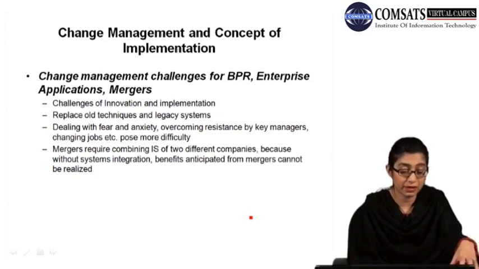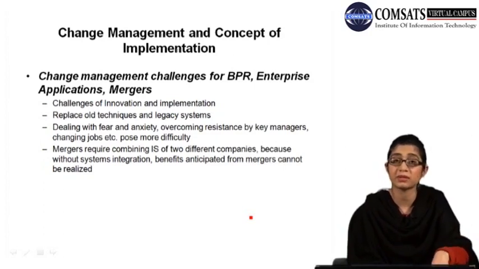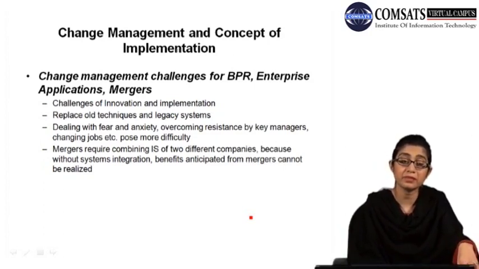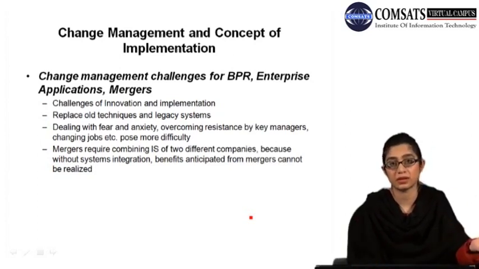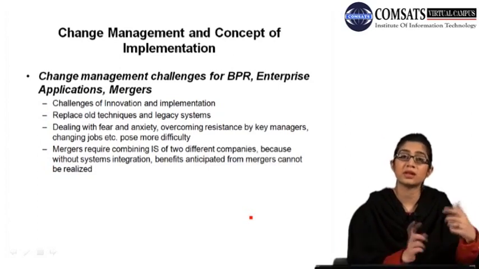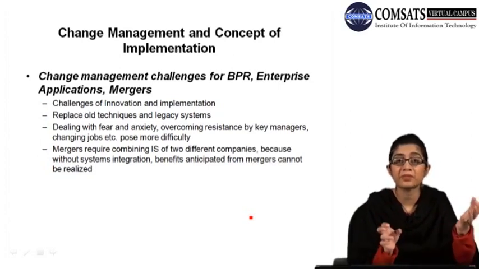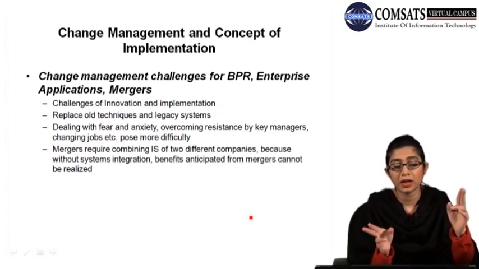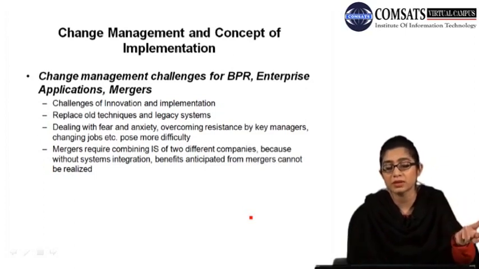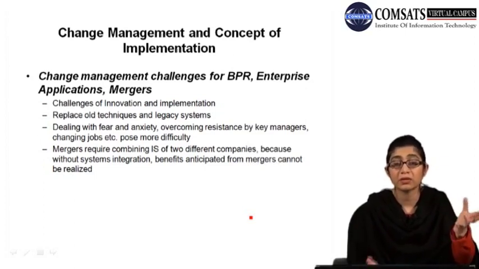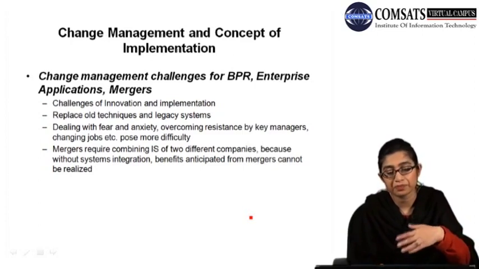So the basic point here is that just defining how we are going to radically change the system in business process re-engineering, as we said before, is one question they have to answer, and this is relatively easier than answering how we are going to deal with the fear and anxiety of using the new system, how we are going to overcome the resistance by key managers, and how we are going to manage the jobs.